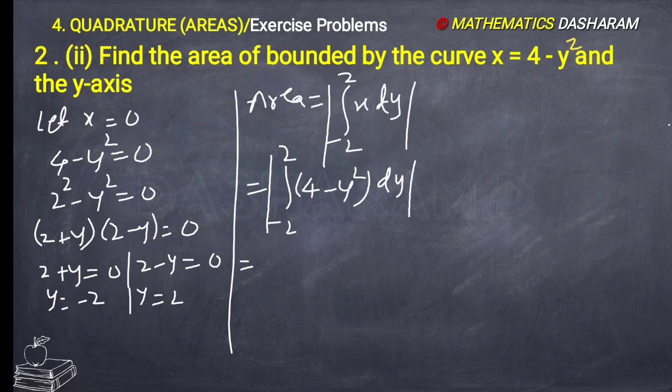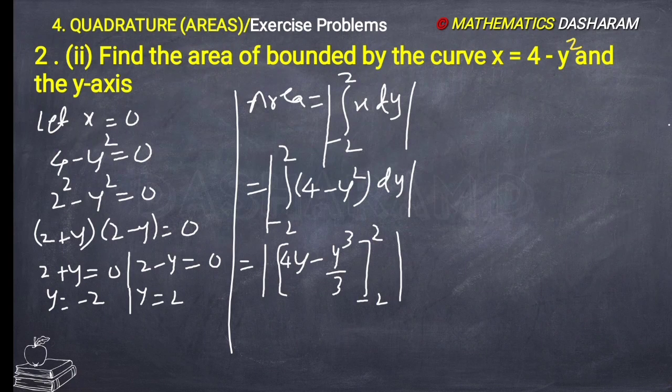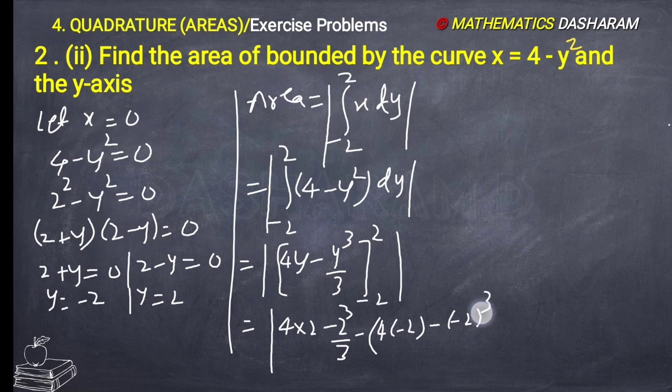Now it is equal to the integration of 4, which is 4y, minus y cube by 3, from minus 2 to 2. So it is equal to mod: apply the limits, 4 into 2 minus 2 cube by 3, minus the bracket of 4 into minus 2 minus minus 2 whole cube by 3.